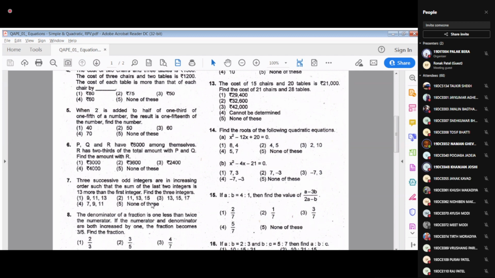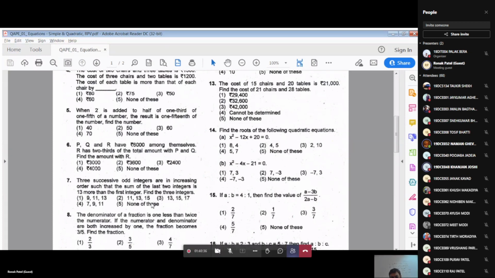Sir, the 15 chairs, 20 tables, and 21 chairs and 28 tables. We can write it like 5 into 3 plus 4 and 7 into 3 plus 4. Then we can eliminate the plus 4. Yes, we are right there.